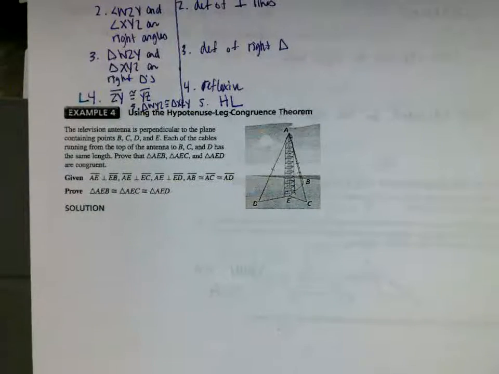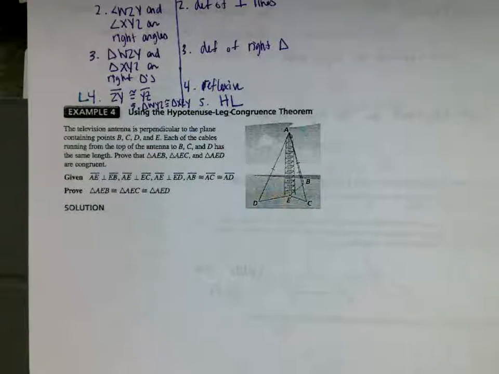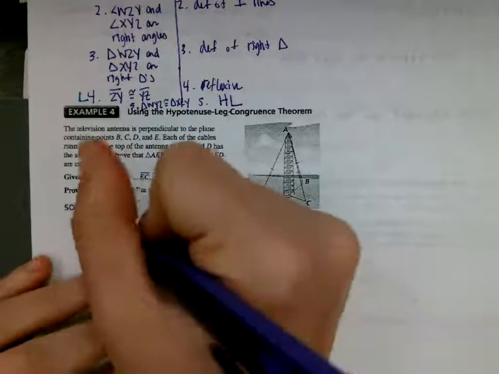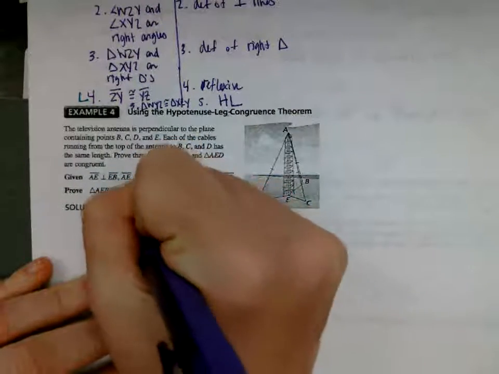Okay, so then the last example, I believe, yep, is example 4. It says the television antenna is perpendicular to the plane containing points B, C, D, and E. Each of the cables running from the top of the antenna to B, C, and D have the same length. Prove that triangle EAB, triangle AEC, and triangle AED are congruent.